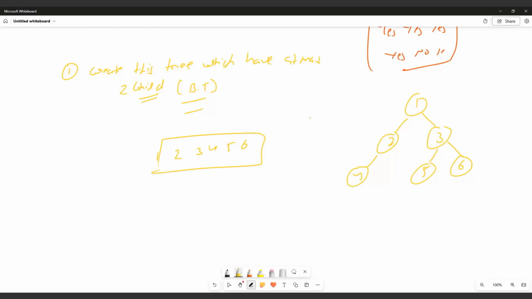So how can we create this tree? By a recursive function. Yes, there are different types of approaches, but please understand that this is very useful.